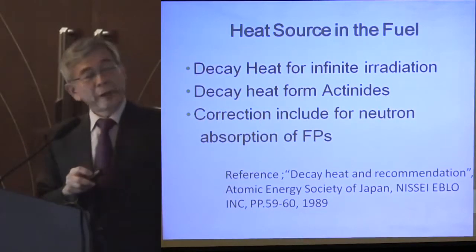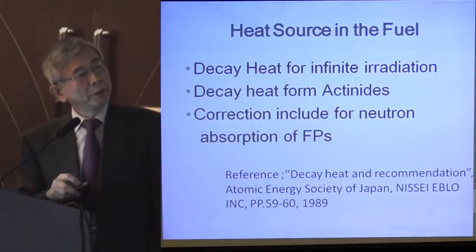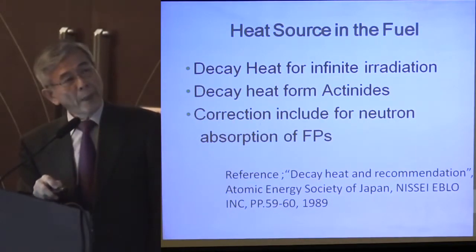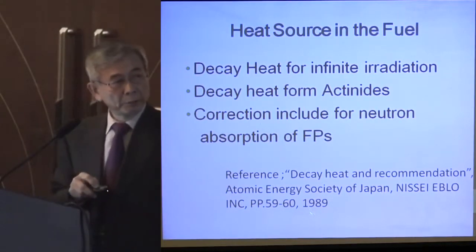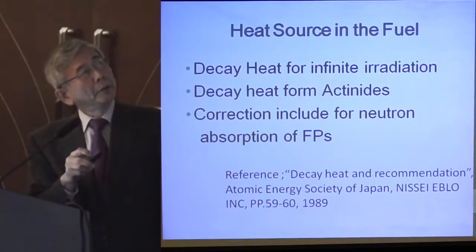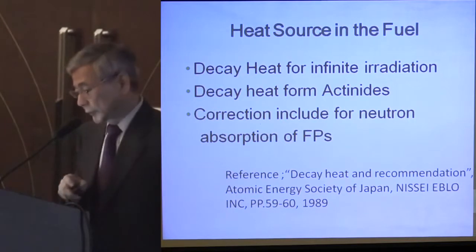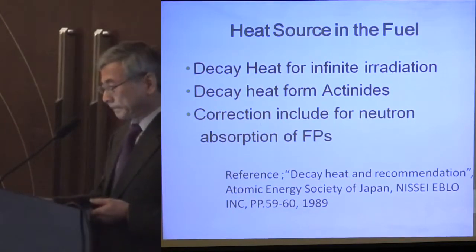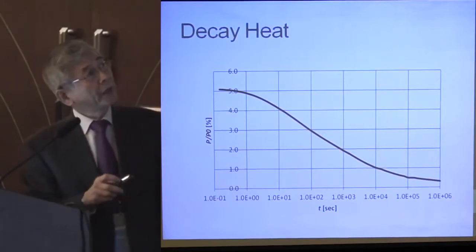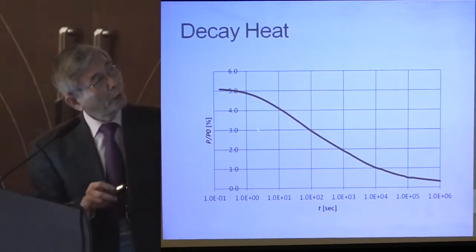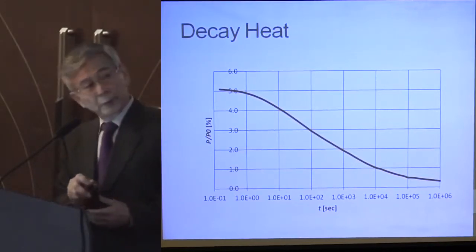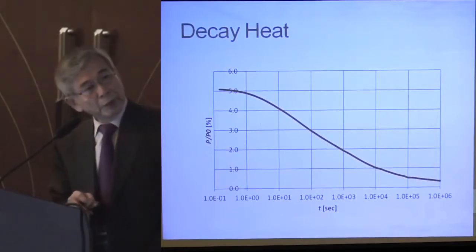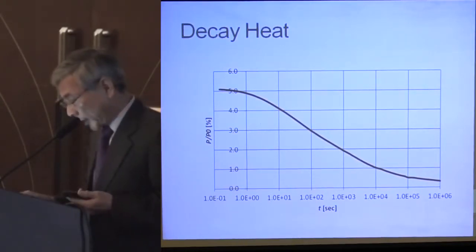This data is recommended in the decay heat recommendations of the Atomic Energy Society of Japan, a little bit older, but yeah. And we use the decay heat of uranium-233. The total decay heat looks like this: at 1 second after shutdown, and it goes down to less than 1% after 1 million seconds.